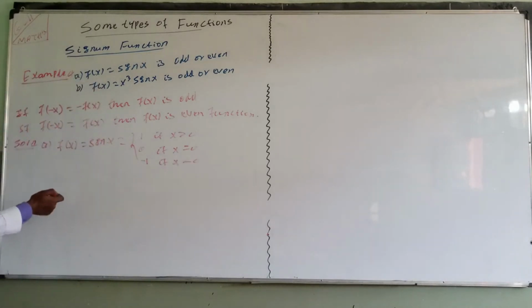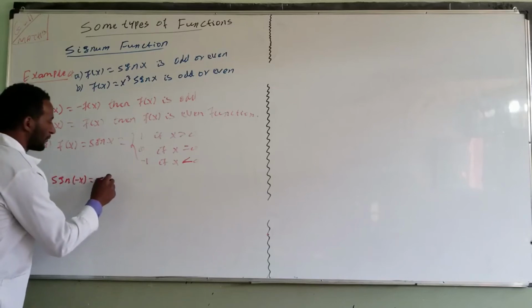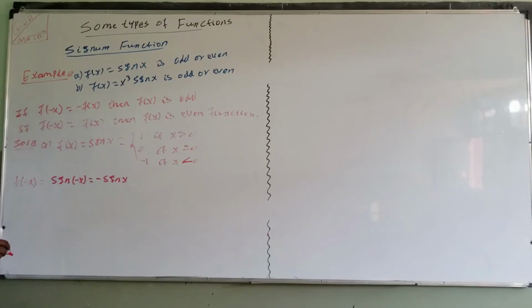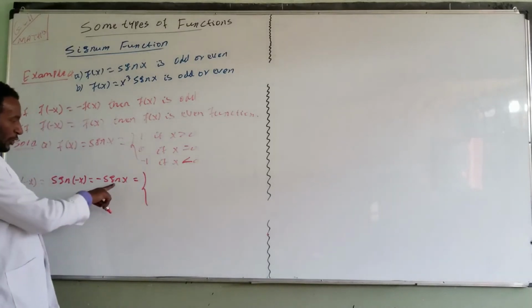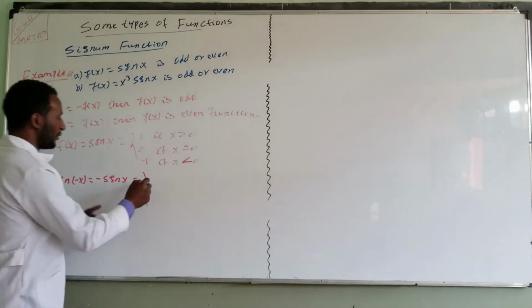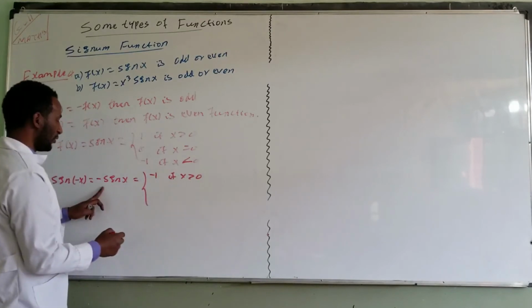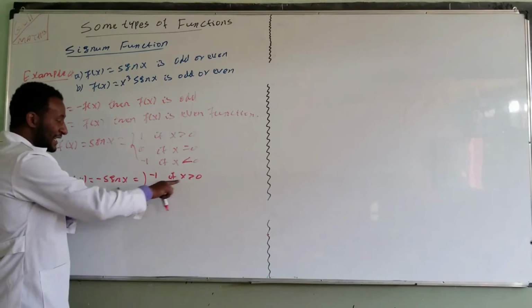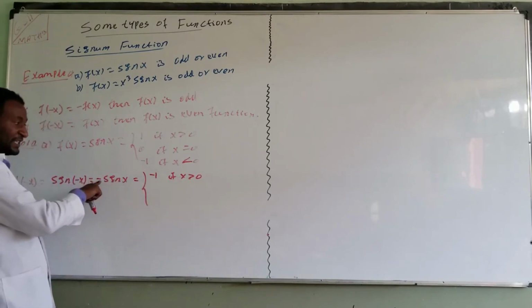Then let us find f of negative x. F of negative x is equal to signum of negative x, which is equal to negative of signum x. We know the value of signum x from the previous definition. Therefore, it becomes negative 1 if x is greater than 0, since signum x is 1 if x is greater than 0, and we multiply by negative 1.